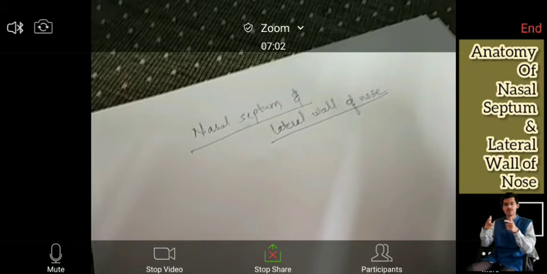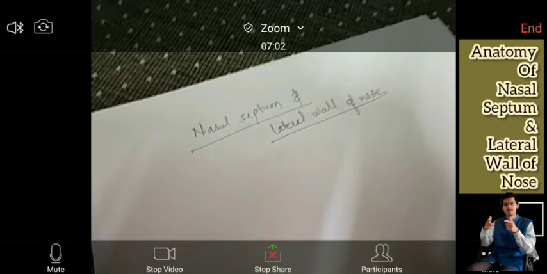Okay, arterial supply. So what happens? Why is it called Little's area? If you remember, small children usually bleed. Even adults can bleed, but usually small children. So in the anterior inferior part of your nose, you can remember the cartilaginous part, Kiesselbach's plexus is forming.